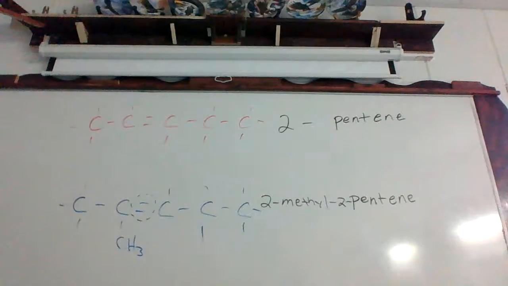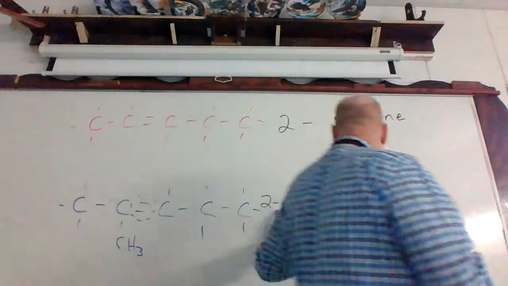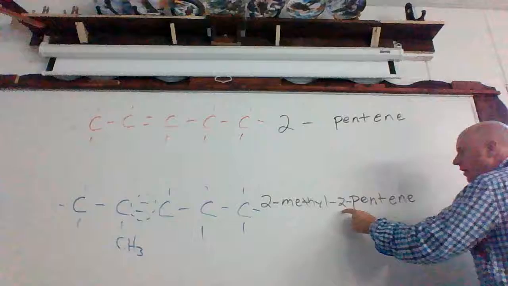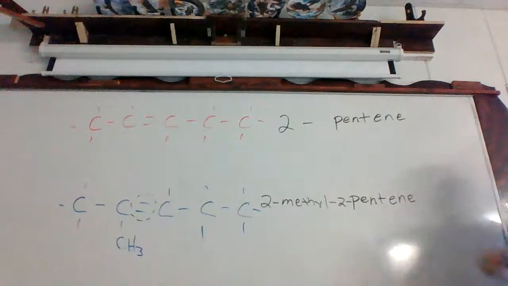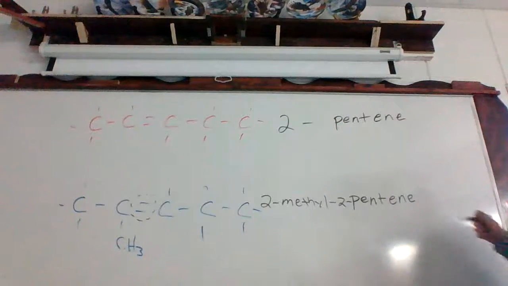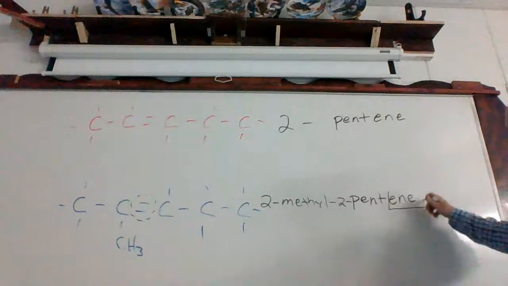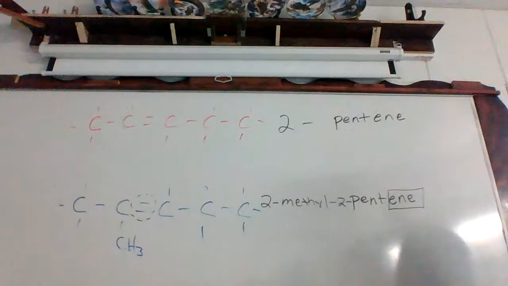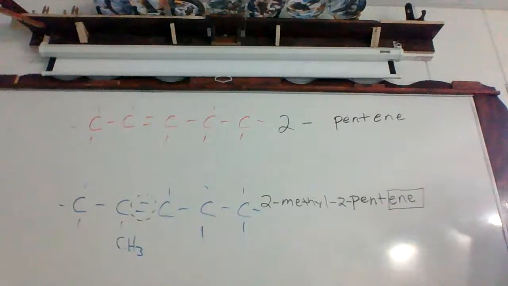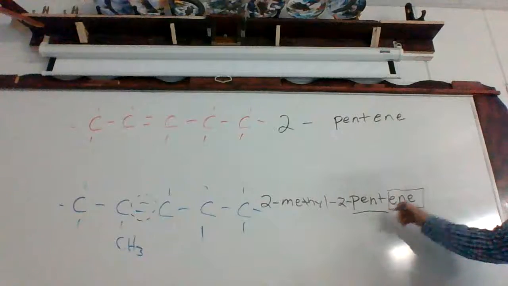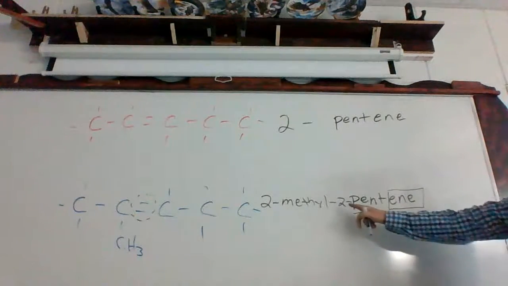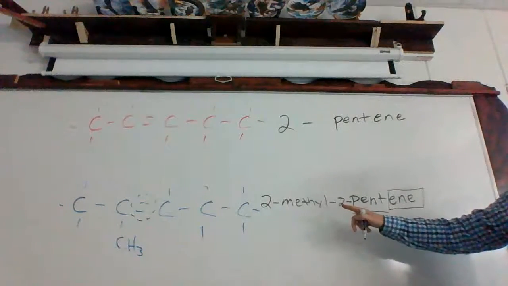So what we're getting at here is that if you don't see anything after that number, that is telling you where that double bond is. If we reverse engineer this, ENE is telling us we've got an alkene, with a double bond somewhere. This is our parent chain, telling us there's supposed to be 5 carbons.